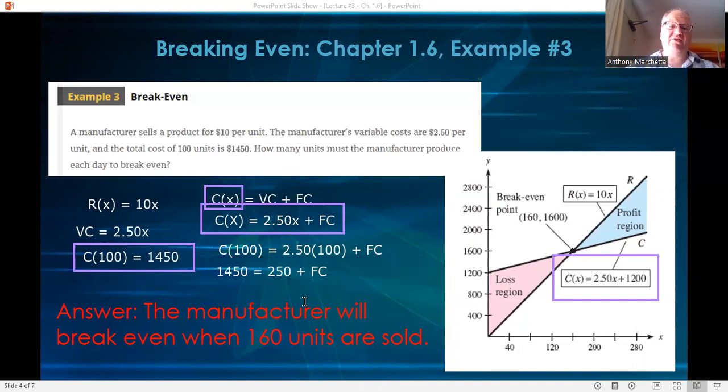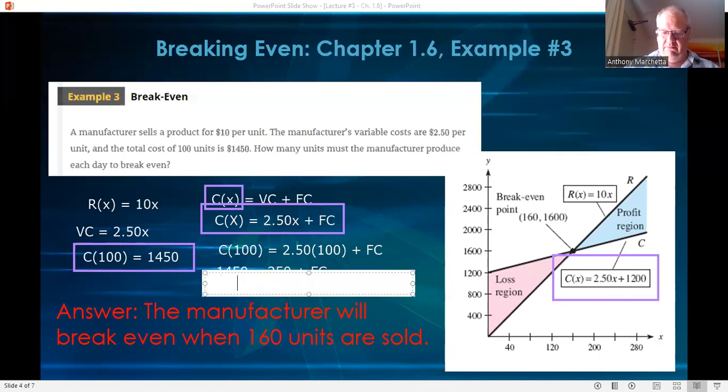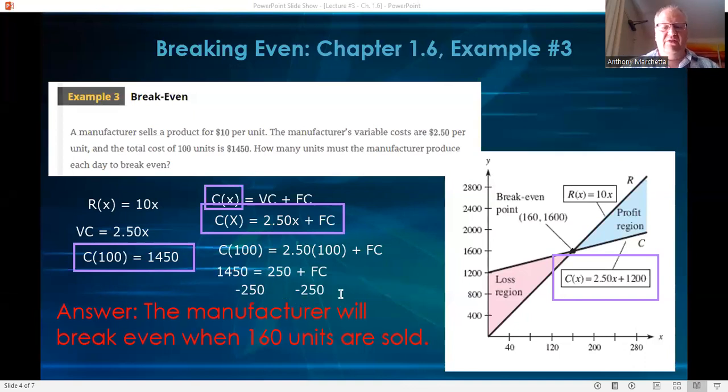Can you see now that the fixed costs are actually 1250? Or is it 1200? Sorry, 1200. I'll subtract 250 from both sides, like this, and I'll get 1200 equals fixed costs.